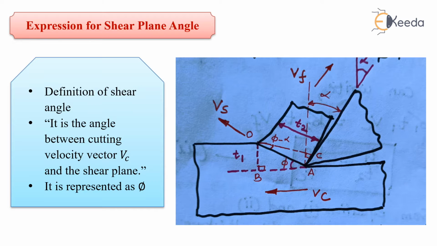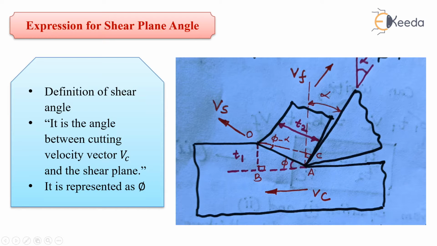See our shear plane, this OA, you can see here this OA is our shear plane. This T1 is our uncut chip thickness, T2 is our cut chip thickness, and you can see here the symbol phi, which represents the angle OAB. And yes, this OAB is our shear plane angle phi.